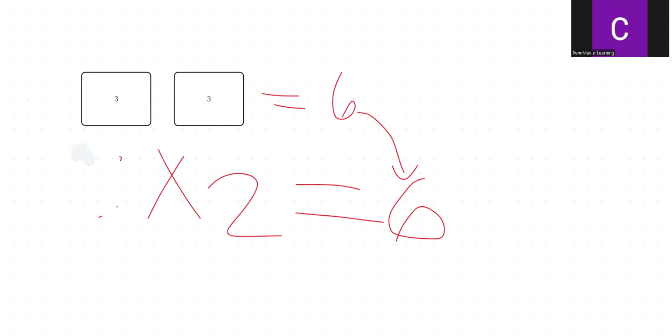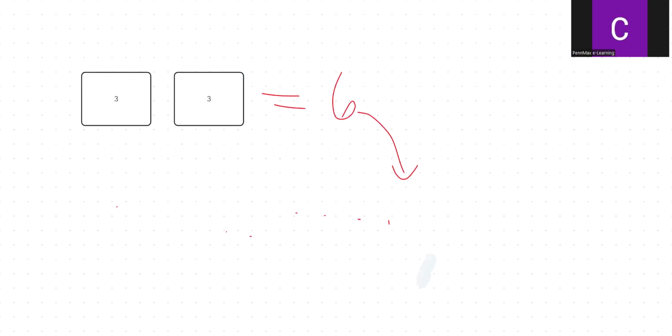So the next thing you need to know, if this is also tricky, I got another idea for you. It's also the same thing as addition.